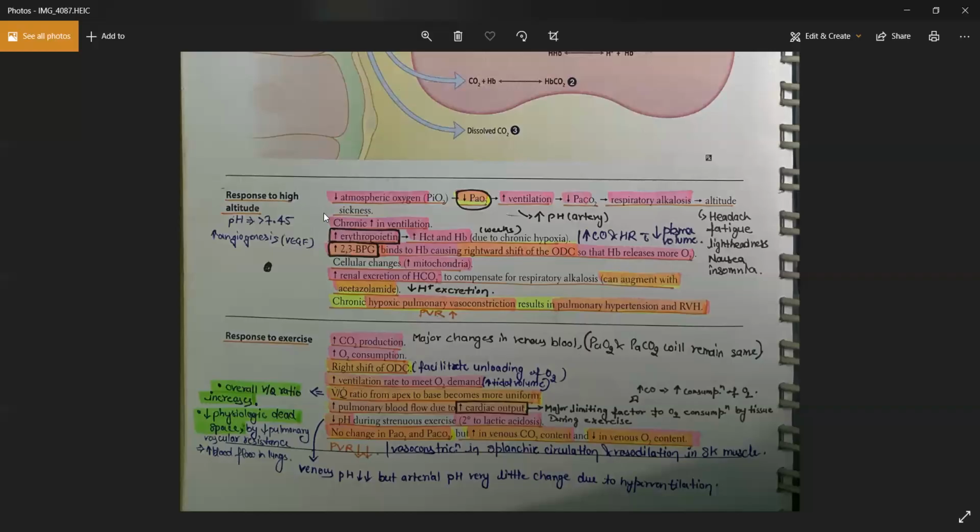So you'll have a chronic increase in the ventilation. The metabolic acidosis is one way to prevent this condition, altitude sickness. Now, because of this hypoxia, your body increases the release of erythropoietin. When they release the erythropoietin, you will have more RBCs, so more hemoglobin.